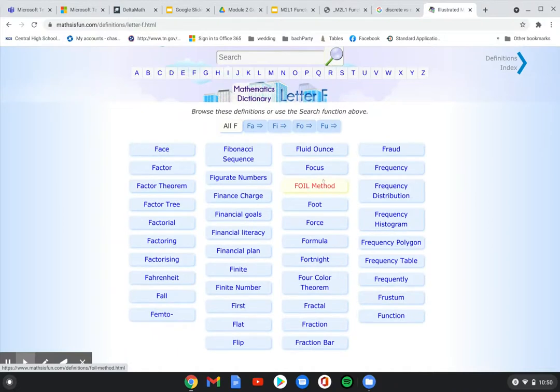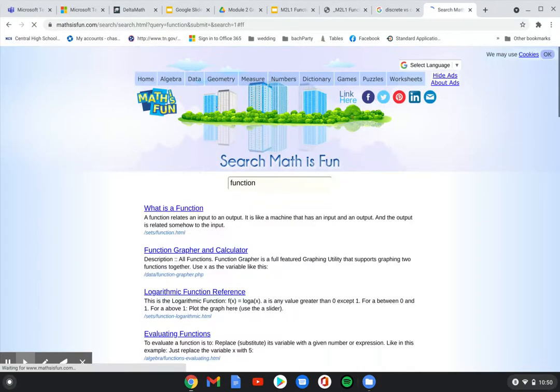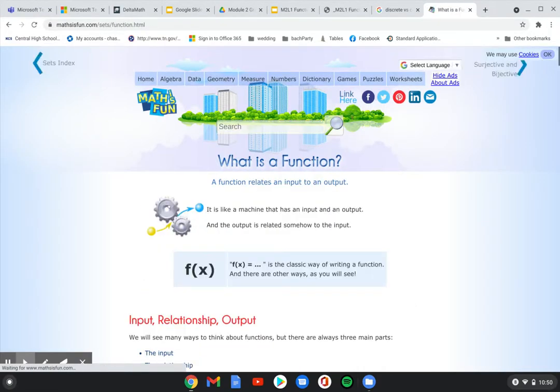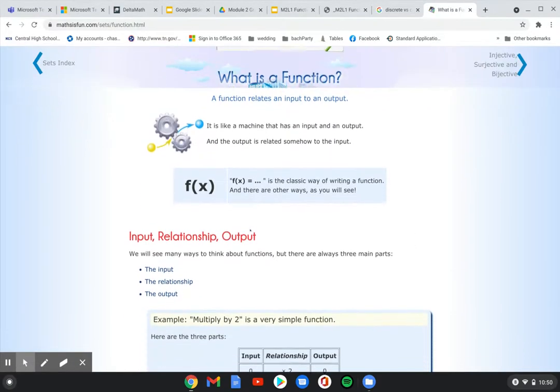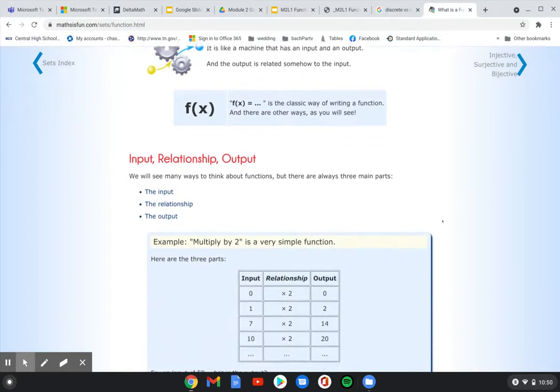They do not. So you can still type in function if you want. What is a function? Look at that. What is a function? All right. So Math Is Fun is really great for all that kind of stuff.